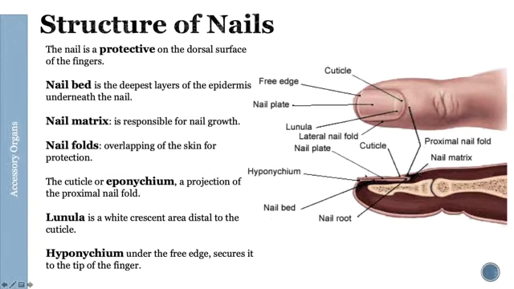So you have two structures blocking the entrance of alien pathogens. And when I say alien, I just mean external into my body. The cuticle or the eponychium, as well as the hyponychium, hypo coming from underneath the nail, blocking all of this sensitive area of my skin.